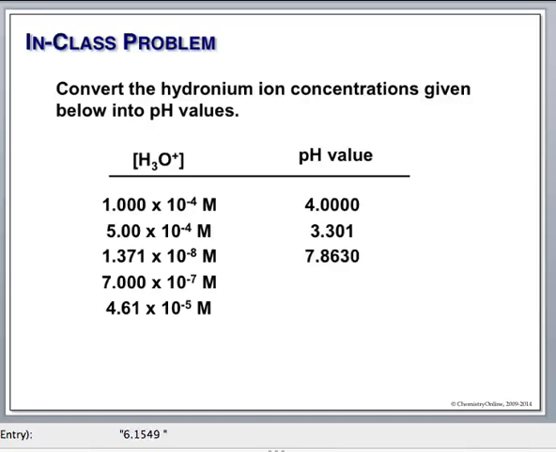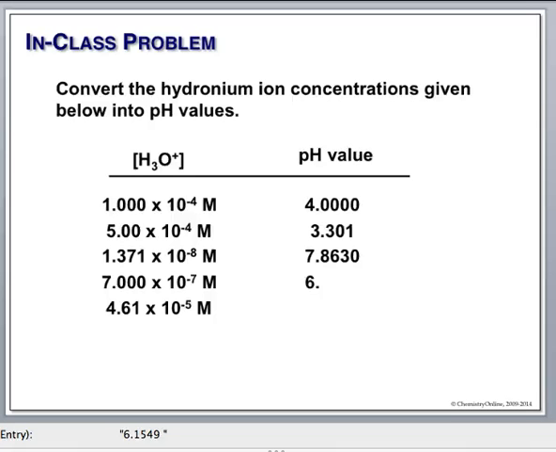I actually, in a slightly different context, put this on an exam. 7 times 10 to the minus 7. You have no idea how many people simply said this was pH 7. But of course it's not. That would be 1 times 10 to the minus 7.